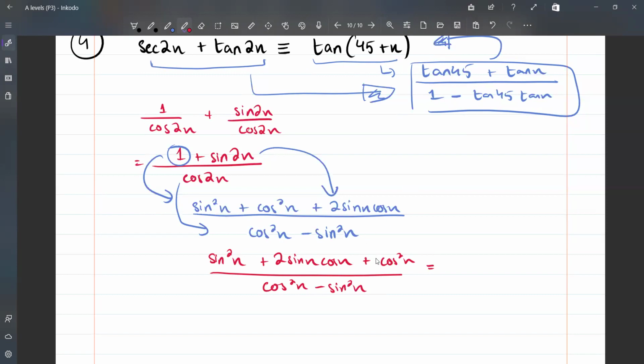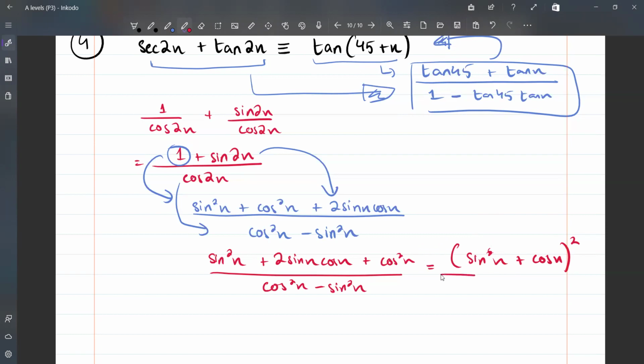And this is basically an identity, which is expanded as: sine x plus cos x whole square, which is a plus b whole square, and this can be written as a square plus 2ab plus b square.